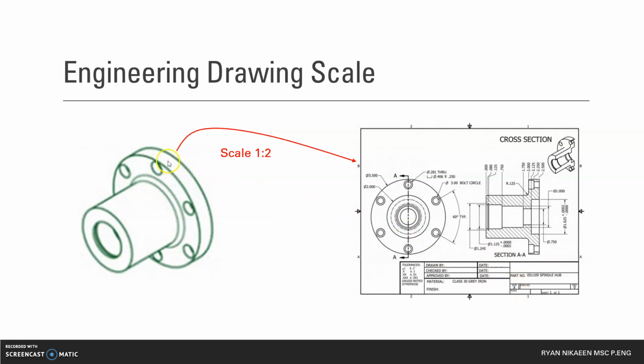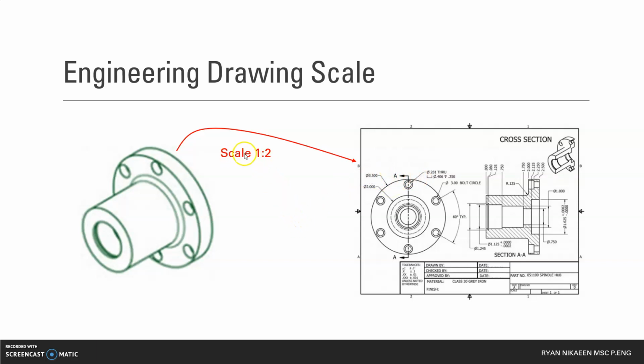I decide to shrink it, make it half, and draw it here. So half of 3.5 is 1.75. So I'm going to draw a circle with a diameter of 1.75, but I'm going to put the dimension as this much. Okay, so this is the scale.